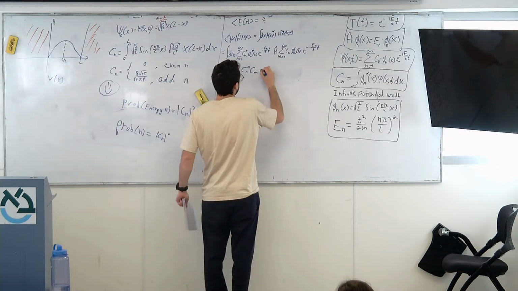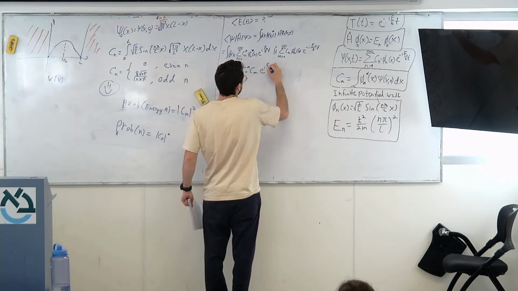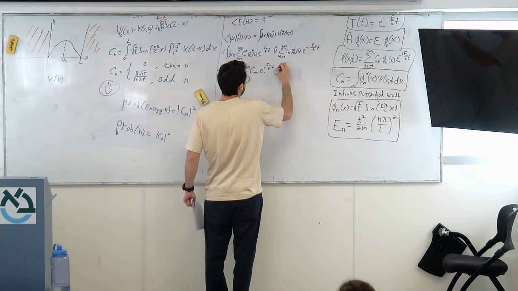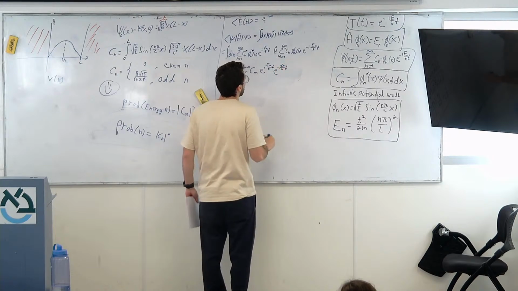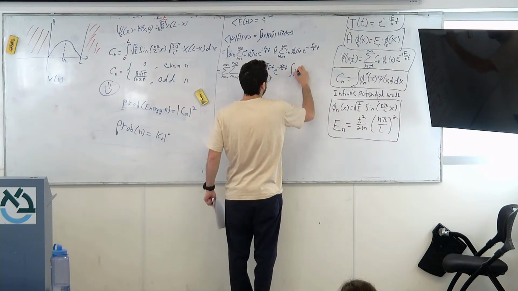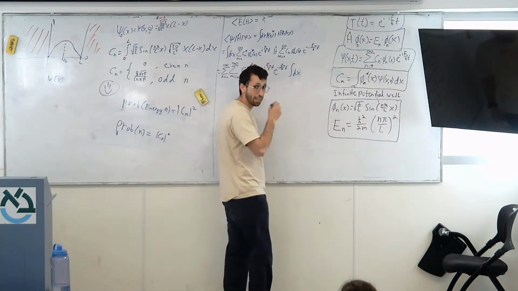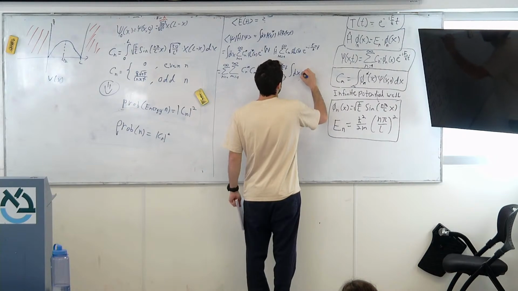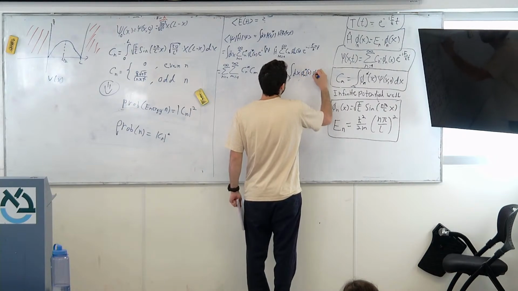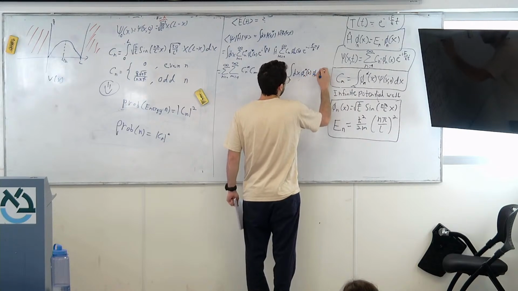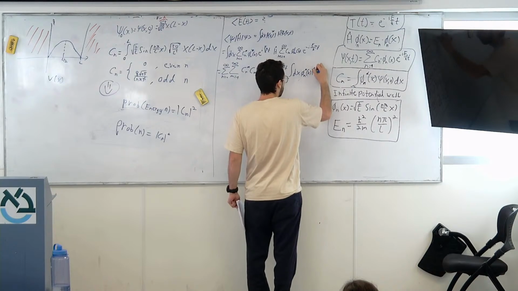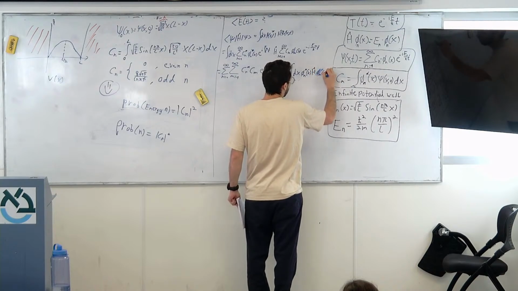We can also take e to the i E n over h bar t, e to the minus i E m over h bar t, and then integrate over x. This is the only thing we can't take out: phi n conjugate of x, and here H operator over phi m of x.